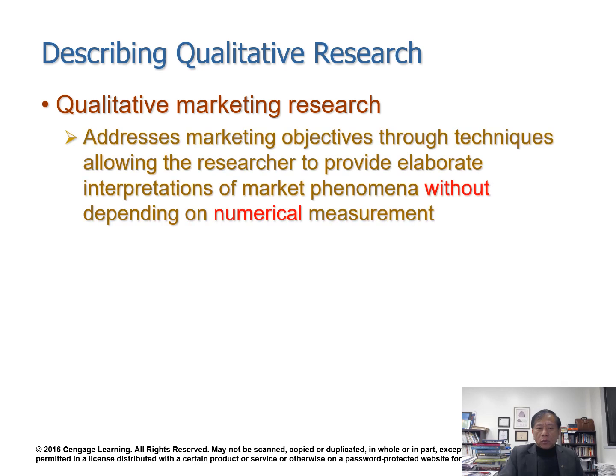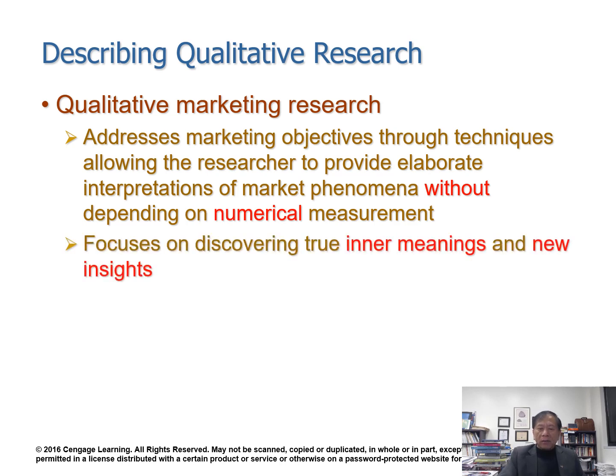If we want to describe it, qualitative marketing research addresses marketing objectives through techniques allowing the researcher to provide elaborate interpretations of market phenomena without depending on numerical measurement. Instead, we focus on discovering the true inner meanings and new insights.